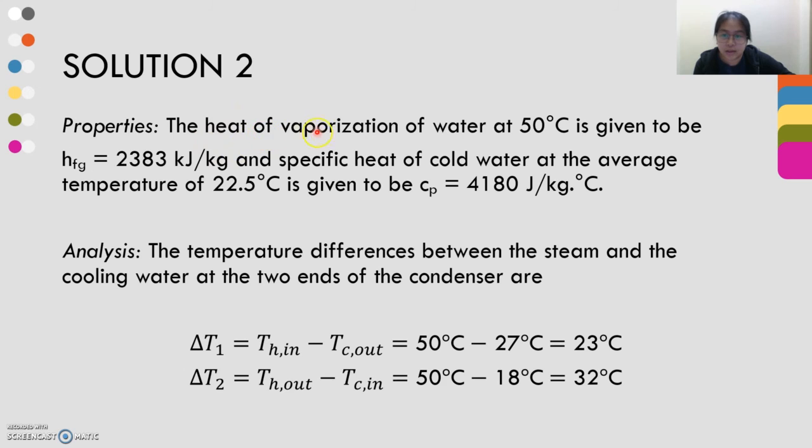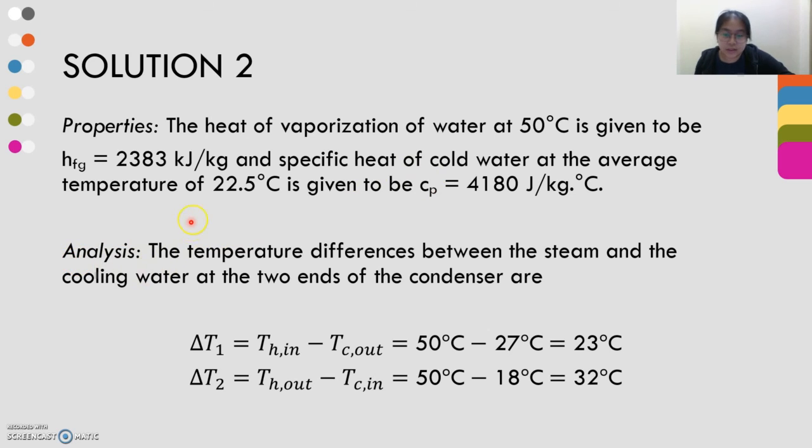First, the heat of vaporization of water, hfg, at 50 degrees Celsius is given to be 2383 kilojoules per kg, and the specific heat of cold water at the average temperature of 22.5 degrees Celsius is given to be 4180 joules per kg degrees Celsius. We can also refer to it as Cp.